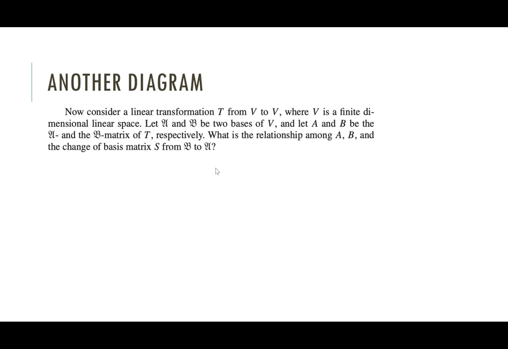Okay, so we're going to draw another diagram, just keeping track of everything that's going on. First, we've got a linear transformation from some vector space to itself.